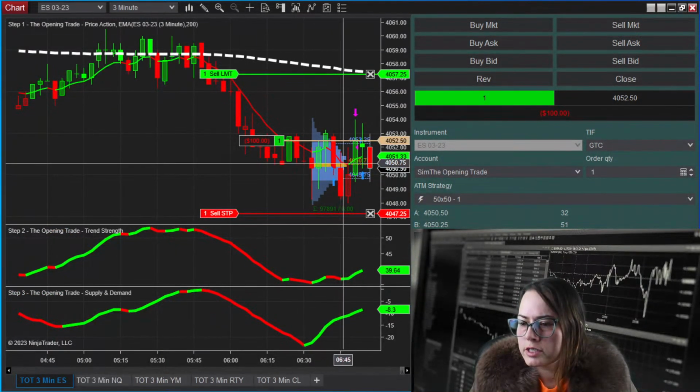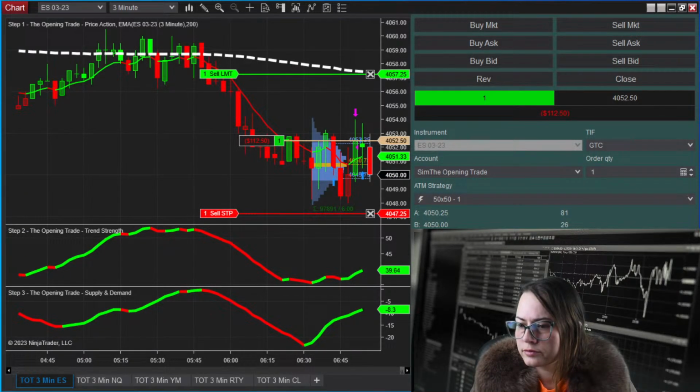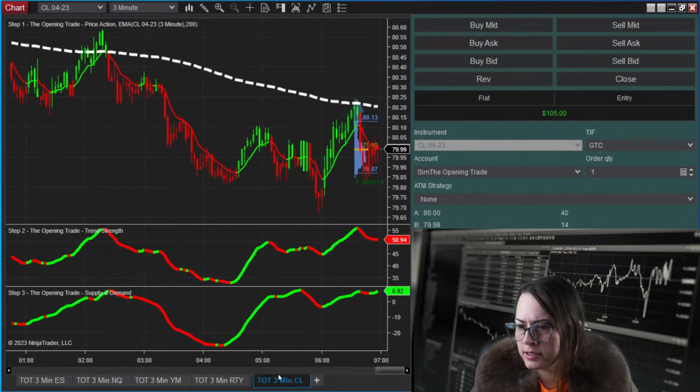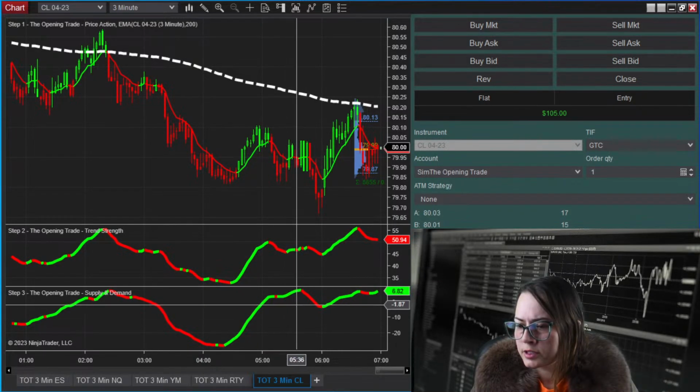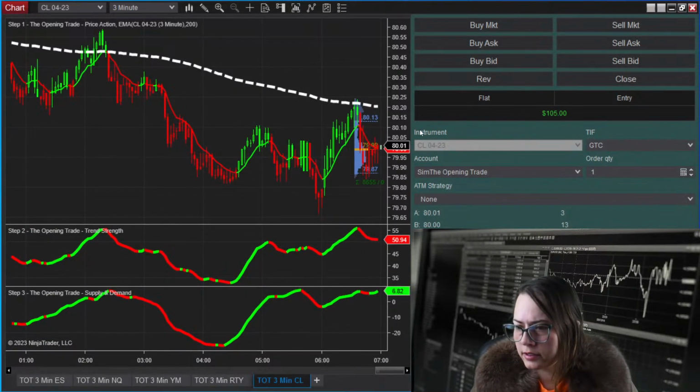So here we are, we're still in this trade. Let's see, we're gonna let it do its thing. Let's take a look over here at the crude oil. So what's it looking like?